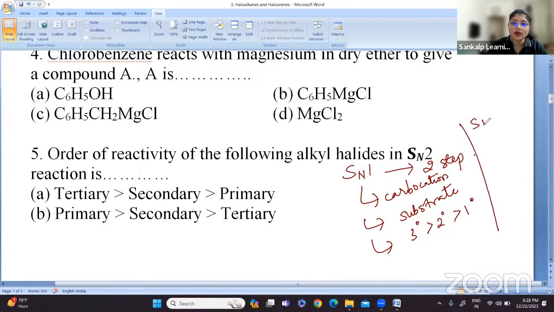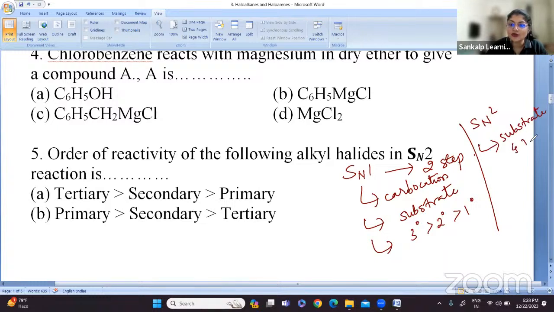Now, when we are talking about SN2, what is the SN2 mechanism? It is substitution, nucleophilic, bimolecular. The rate of the reaction depends upon two things, that is substrate and nucleophile.